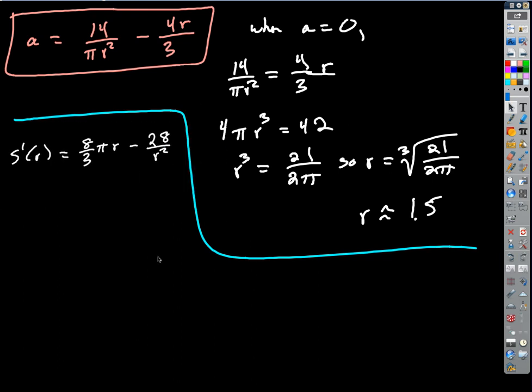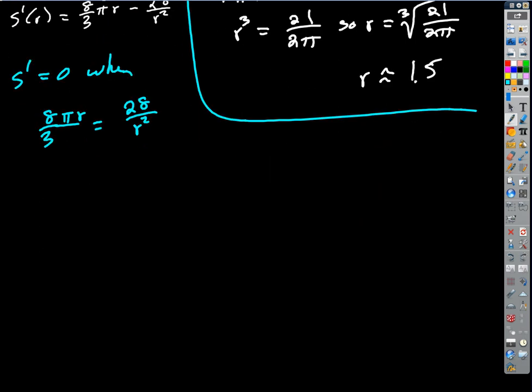So there's our first derivative, right? So we know s prime equals 0 when what? If I set that equal to 0, we'll just add that term to the other side, so when the terms are equal. So s prime is 0 when 8/3 pi r, and let's write these as fractions, so 8 pi r over 3 equals 28 over r squared.